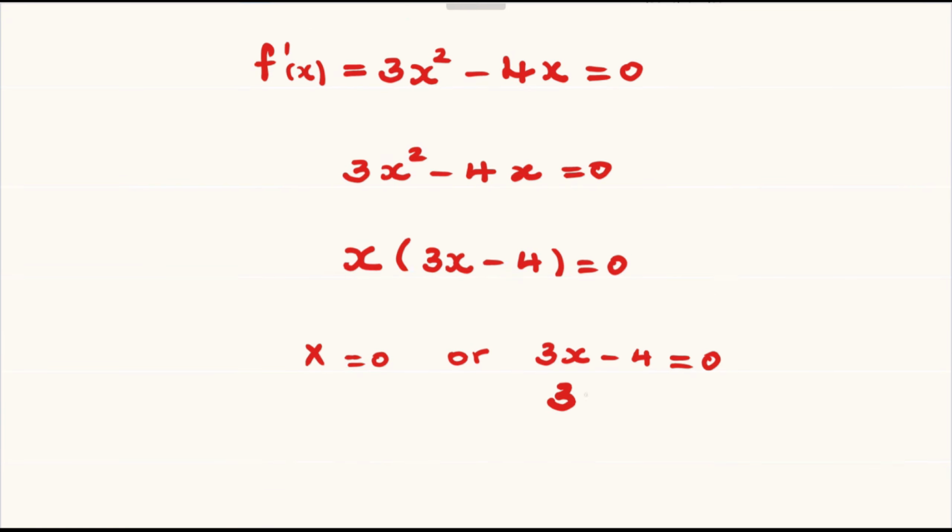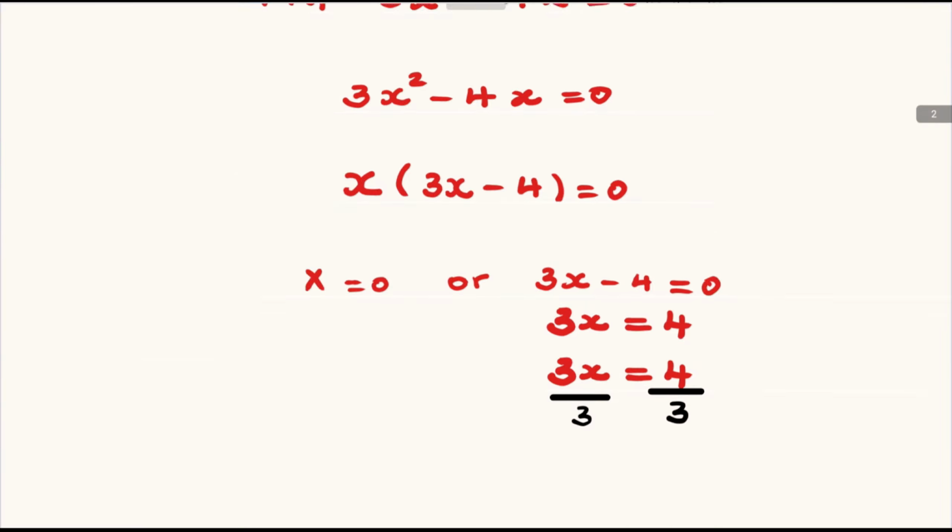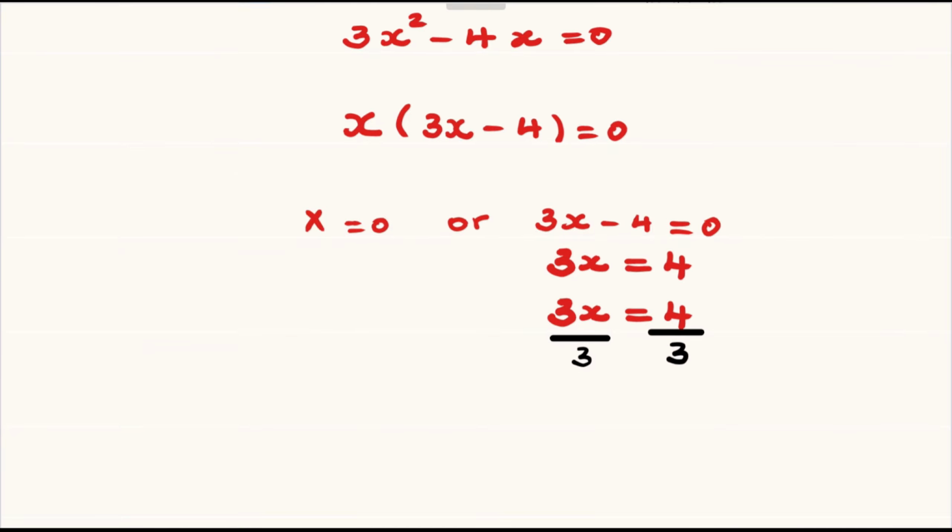We have 3x is equal to 4, and let's divide both sides of this equation by 3 so that we can solve for x. So our x is equal to 0, or x is equal to 4 divided by 3.